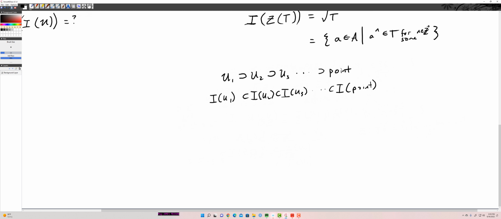This would not be the entire set because this is a proper subset. So it has to be a proper ideal of the ring A. However, there cannot be an ideal between this ideal and the full ring. So this is a maximal ideal.